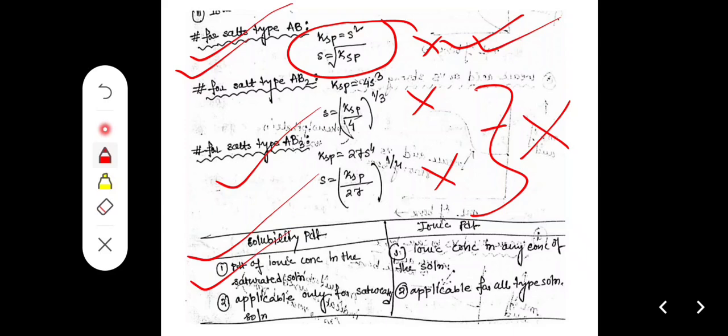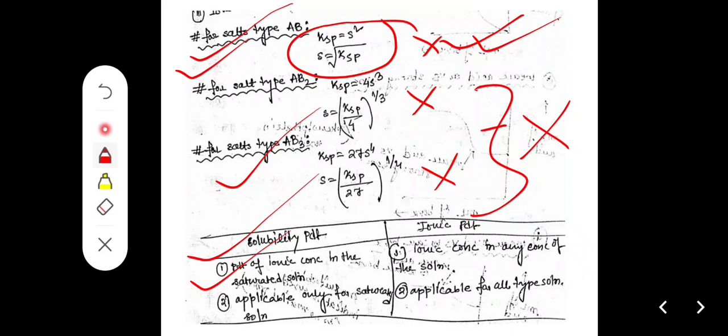Saturated solution means a solution where, if you add more solute, it will not mix; there will definitely be precipitation, or it will remain undissolved in the solution. After addition, they are not dissolved.